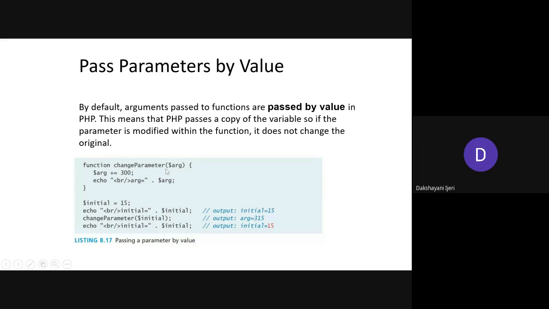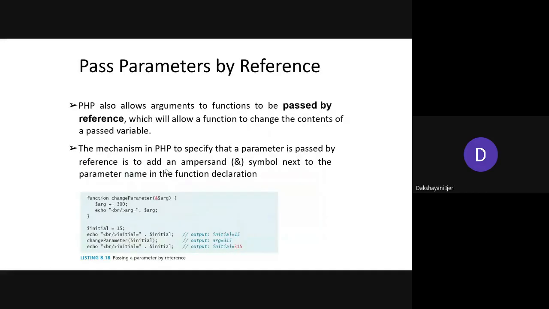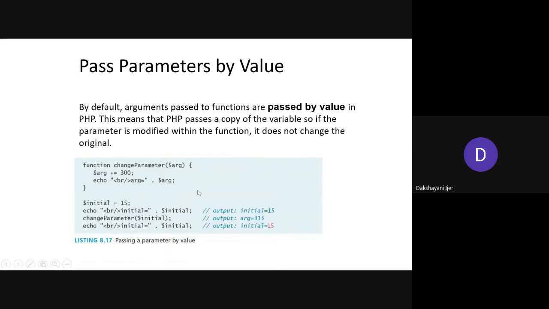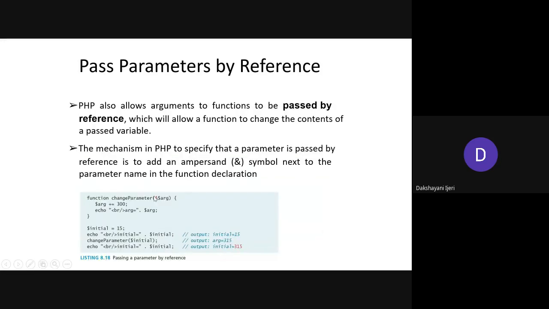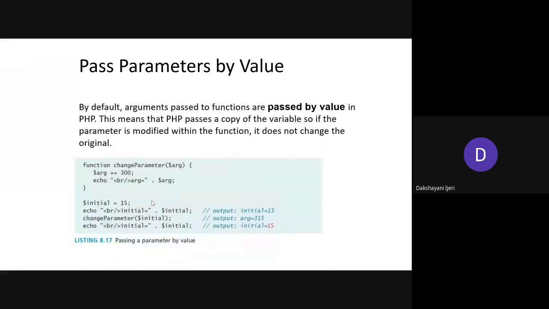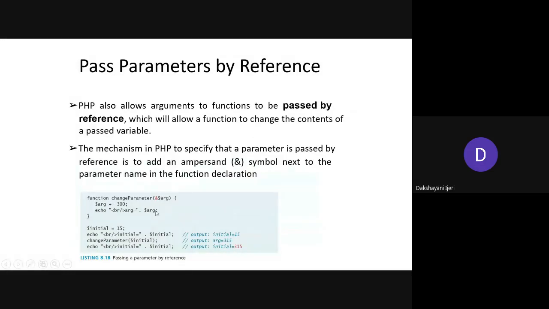In contrast to pass by value, we have one more concept known as pass by reference. The difference is not only in the variable names. If you use the ampersand symbol, which references the address, then instead of a separate variable at a different location, it is going to point to the same memory location.